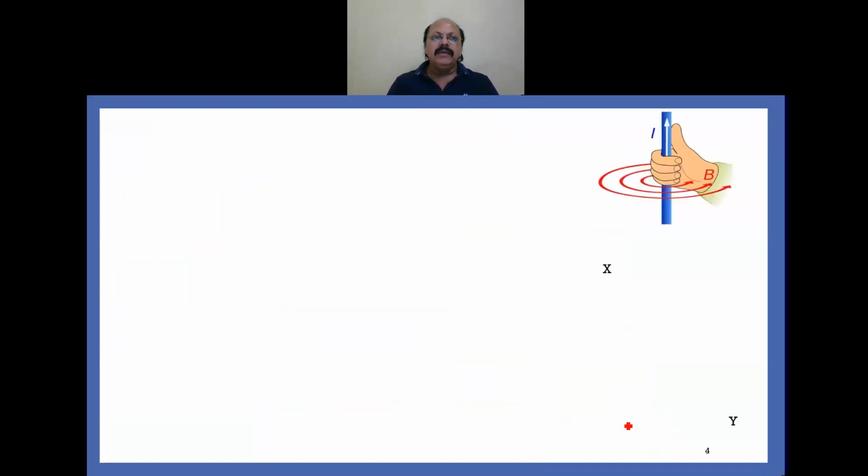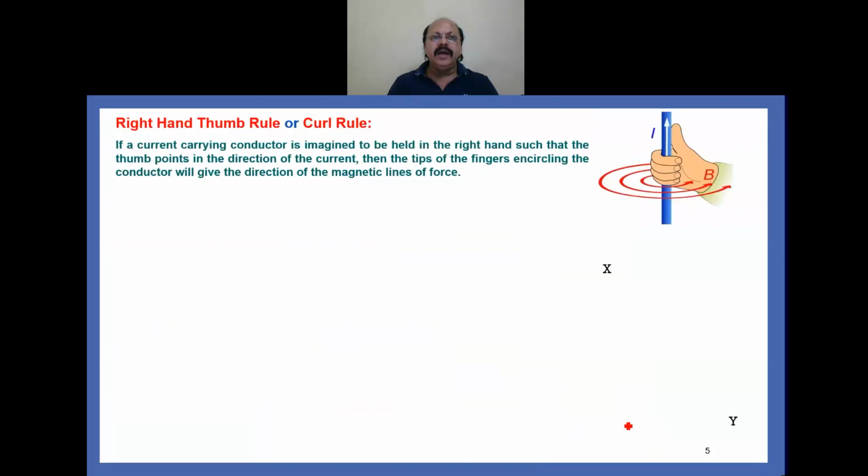Now another rule is the right hand thumb rule. In that case, you consider a conductor carrying current I in your right hand. Then the thumb represents the direction of current, and the curl of the fingers towards the nails indicates the direction of magnetic field lines.